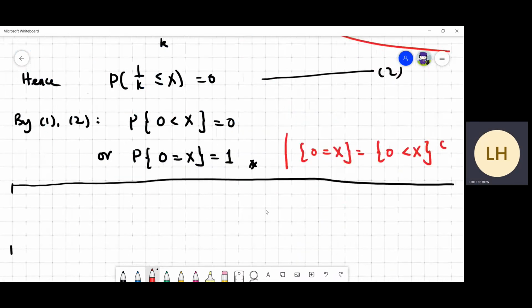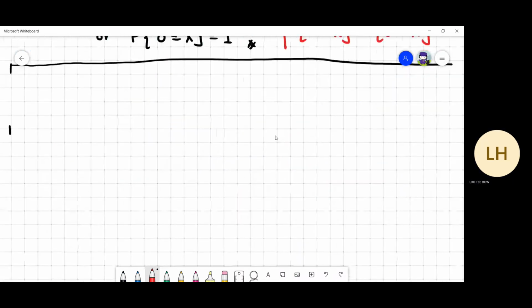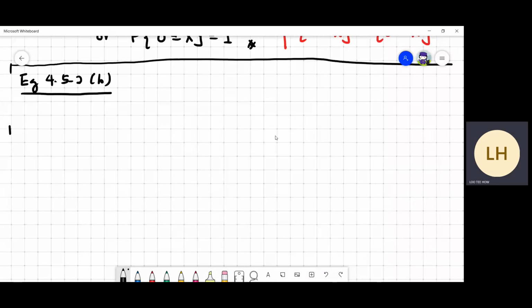Next, we proceed to the second part of the example, example 4.5.2b. Again, there are two hypotheses and one conclusion. The first hypothesis is, again, x is a non-negative random variable.